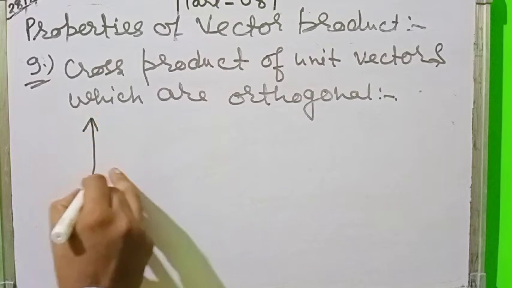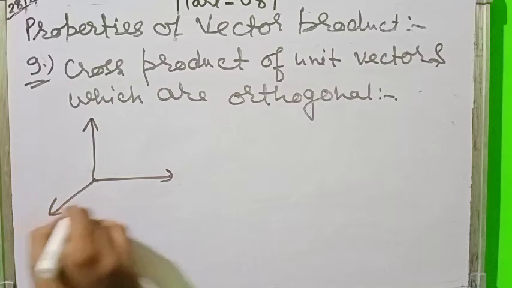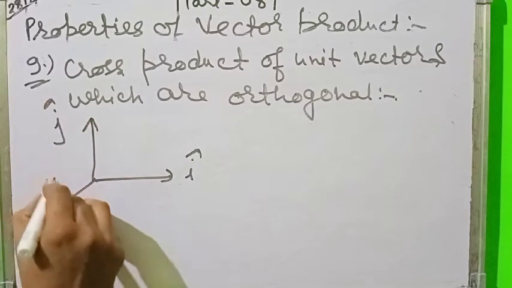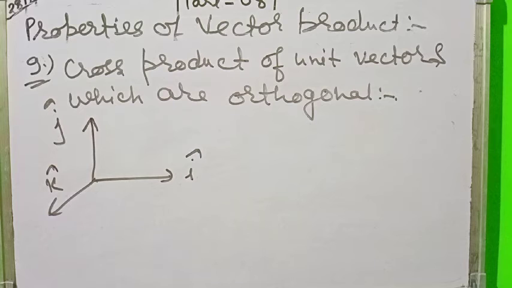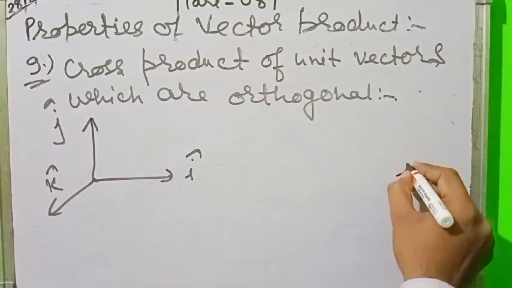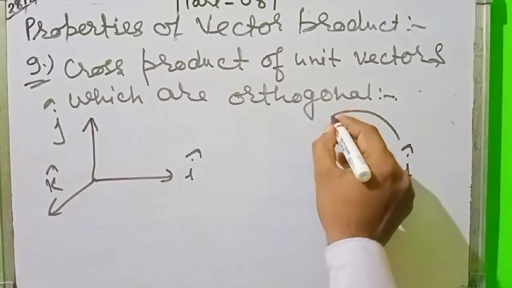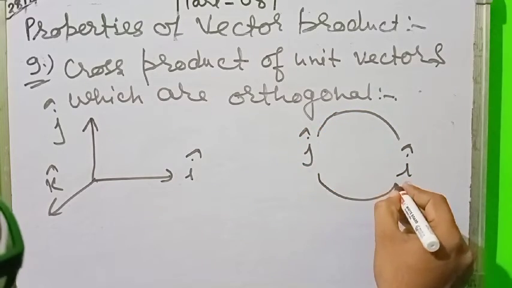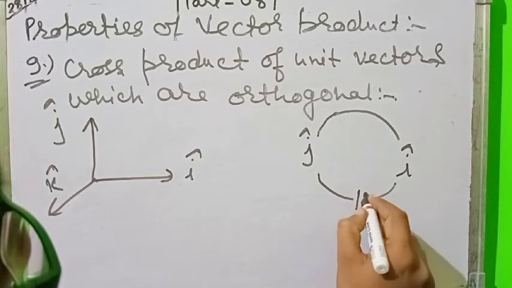Orthogonal means i cap, j cap, k cap, or in mnemonic form you can write it as i cap, j cap, k cap.